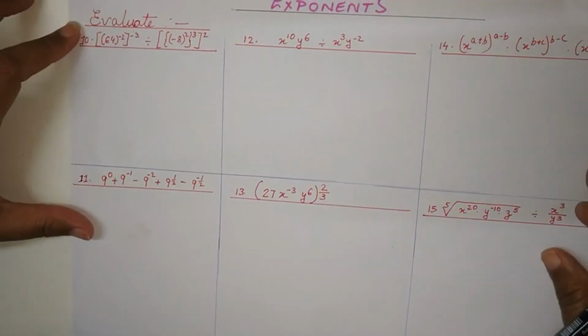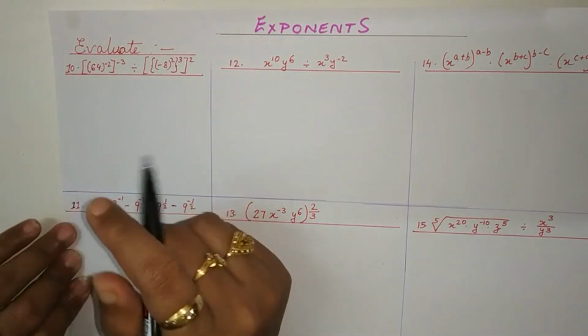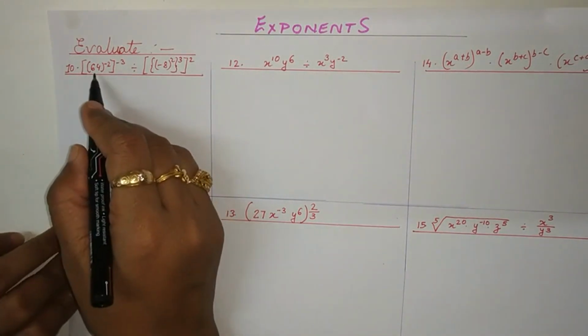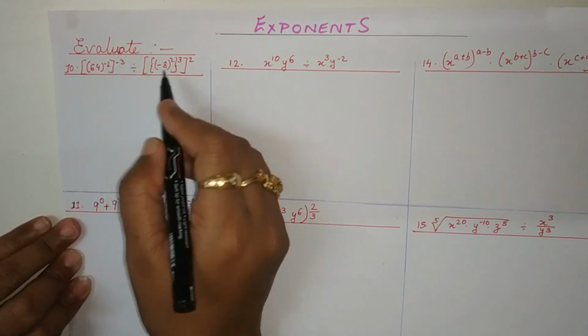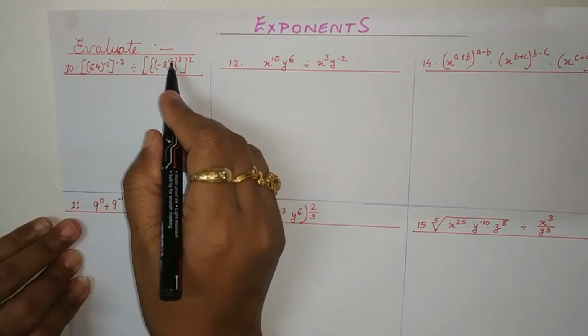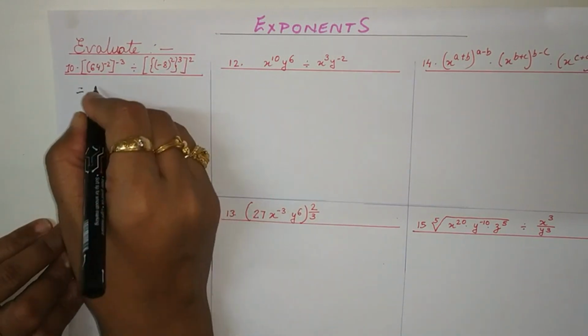And the next question that I have taken down for you is, children, see here. Okay, question number 10. So 64 to the power of minus 2 to the power of minus 3 divided by minus 8 to the power of 2 to the power of 3 to the power of 2. So what do we do?